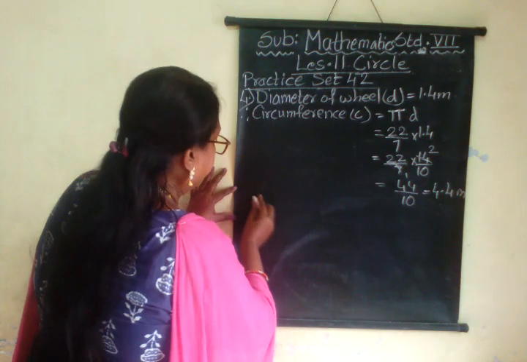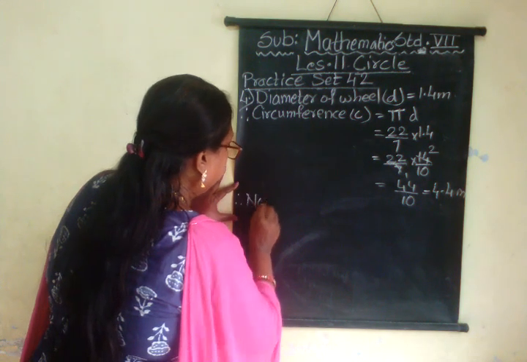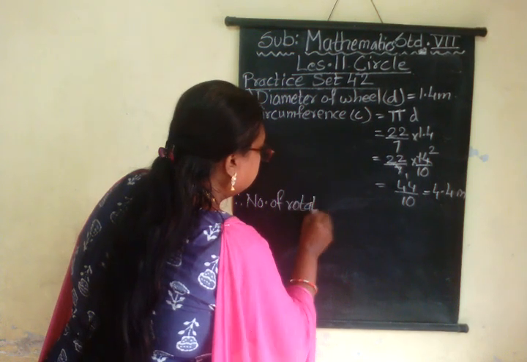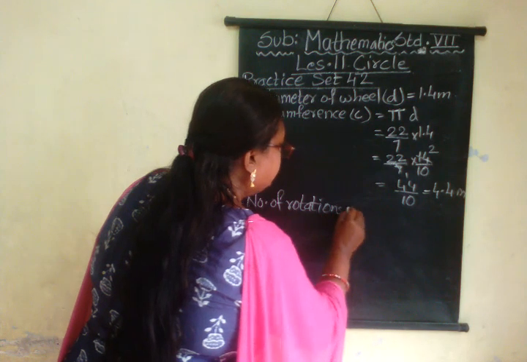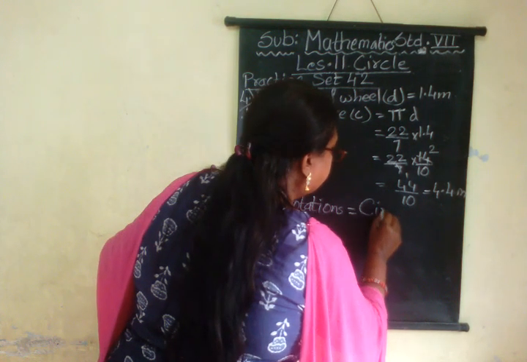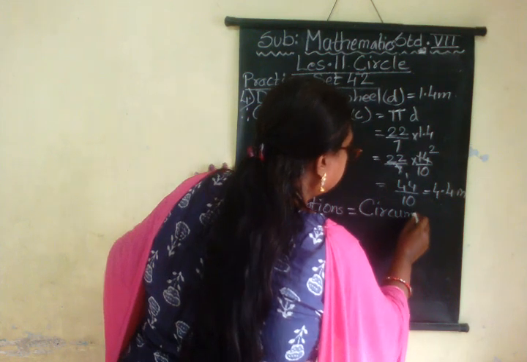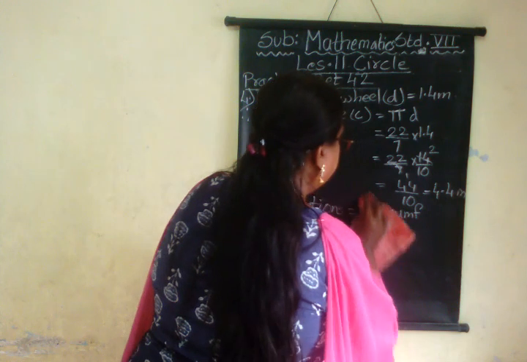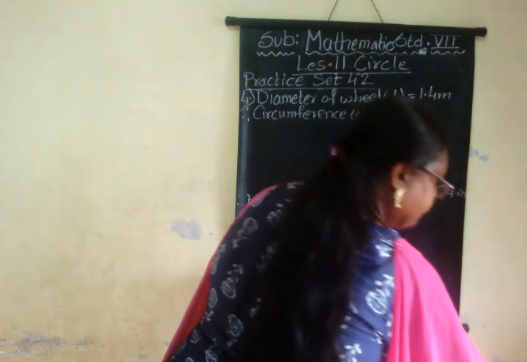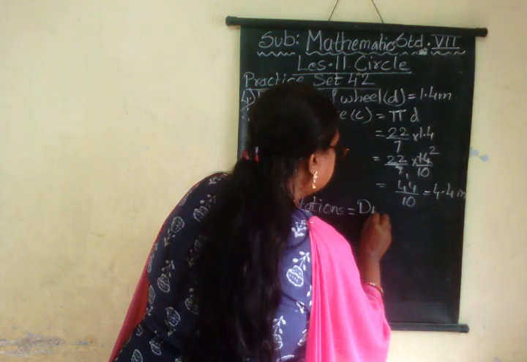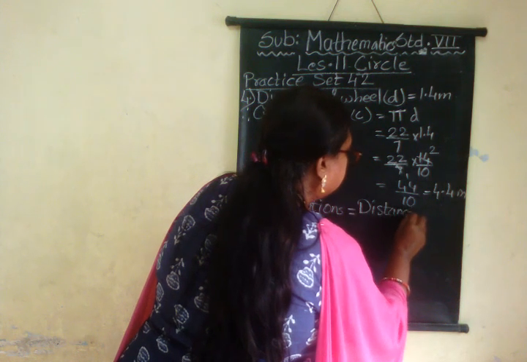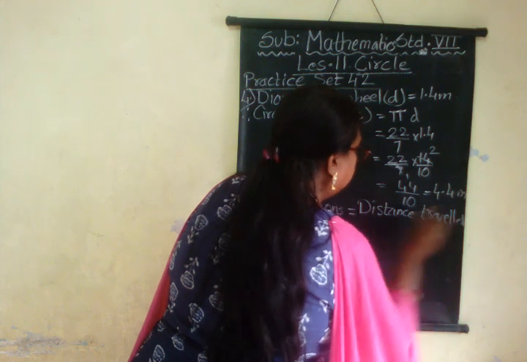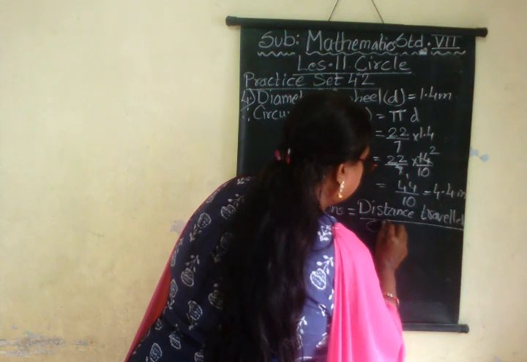So we'll write therefore number of rotations is equal to distance traveled upon circumference.